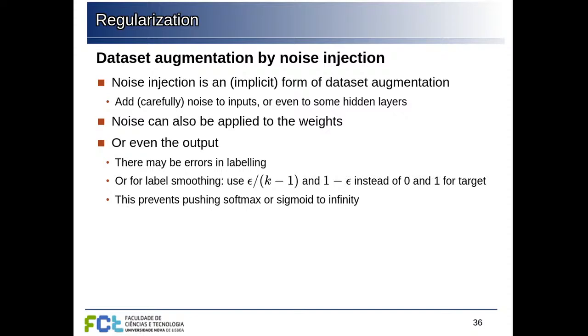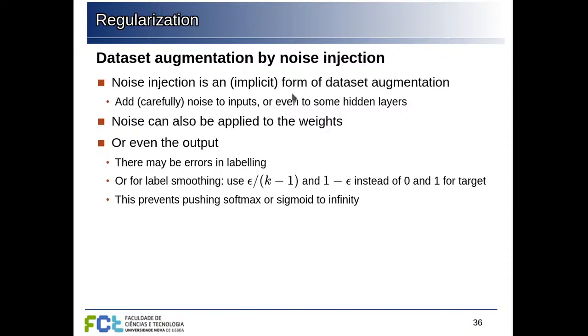You can also consider the output to be noisy. There may be actually errors in labeling the data, so the labels may not be perfect, and so you can once in a while change, for example, the class label of some example at random, or you can use label smoothing.